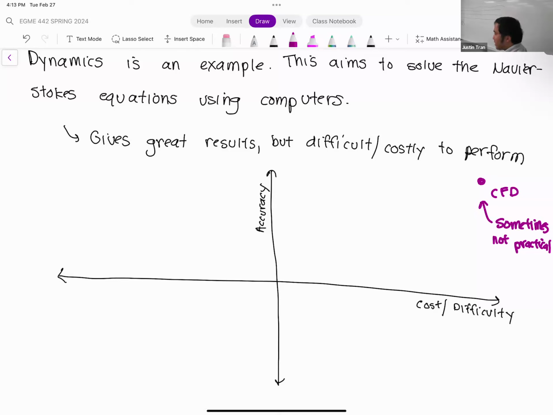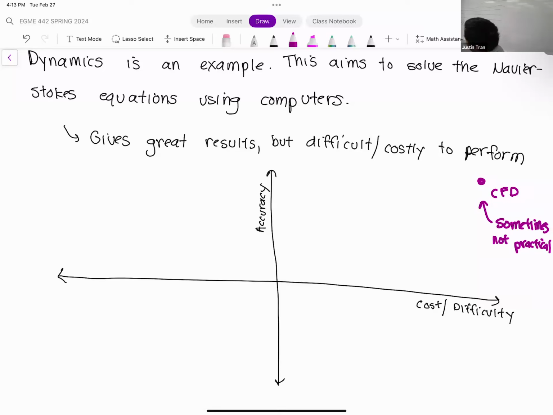It's just too costly, because not everyone has access to a supercomputer. Not everyone has access to very high powered software, right? And sometimes it's overkill. That's the term that's often used: using a very highly accurate model is sometimes overkill for certain applications.